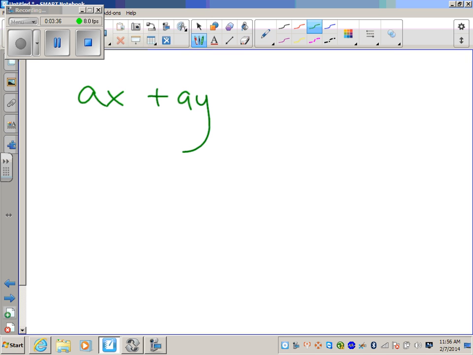AX plus AY plus 3BX plus 3BY, 4 terms, and is it okay to group them the way they are? In other words, do you see something in common here? Do you see something at first glance in common there? Yeah. So let's just group them.